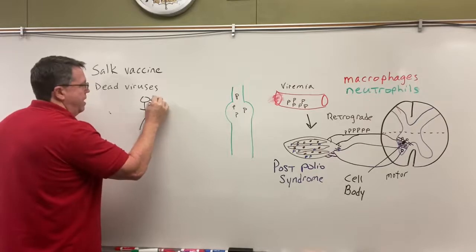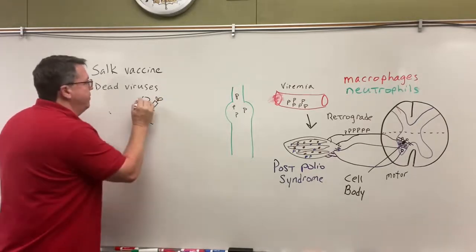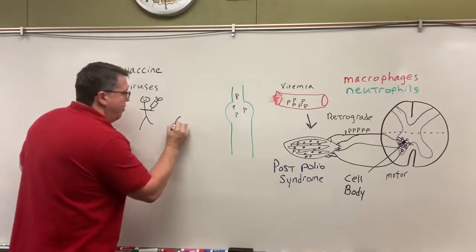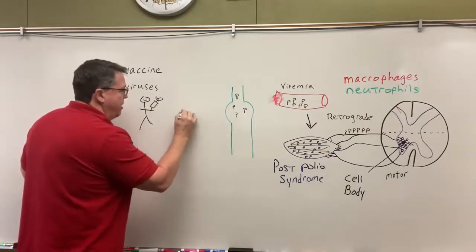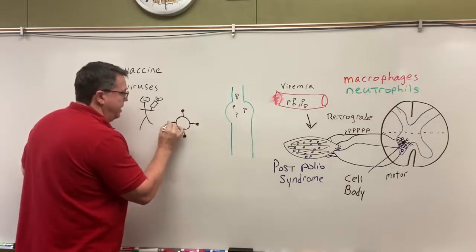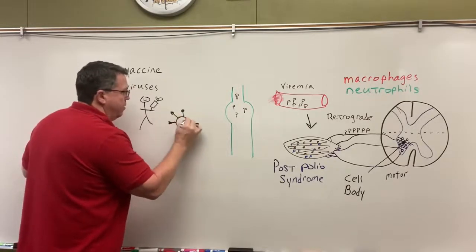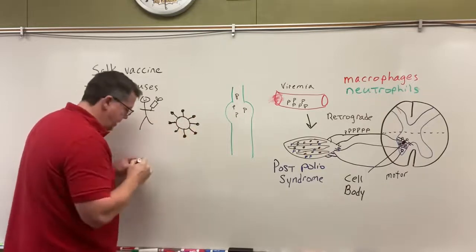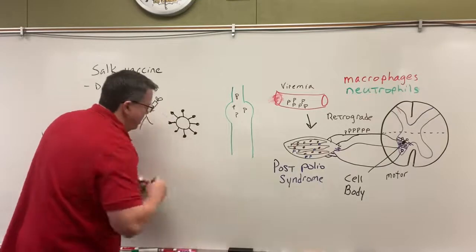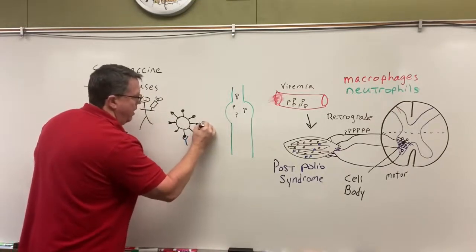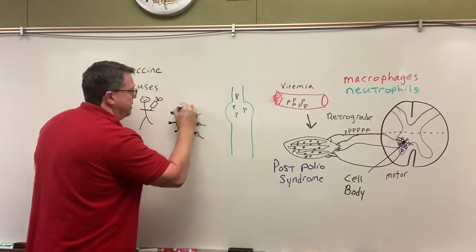And then the vaccine can work in a few different ways. In this case, as we talked earlier about the spikes that were on the polio virus, what this can do is it can actually build up antibodies, and they'll attach onto these spikes now.